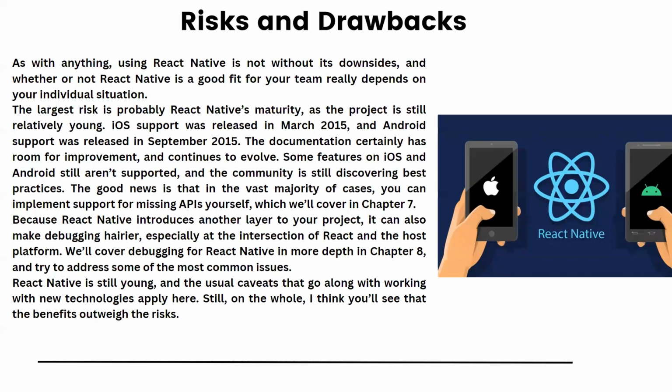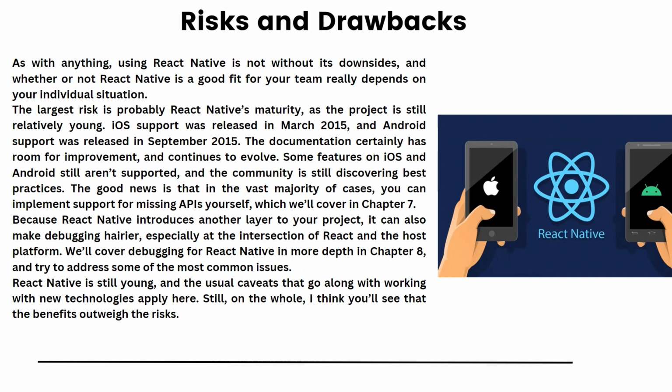And here is a risk and a drawback. As with anything, using React Native is not without its downsides, and whether or not React Native is a good fit for your team really depends on your individual situation. The largest risk is probably React Native's maturity, as the project is still relatively young. iOS support was released in March 2015, and Android support was released in September 2015.